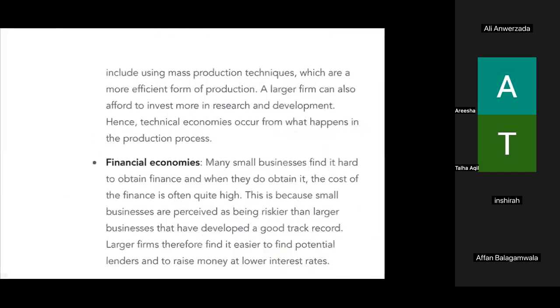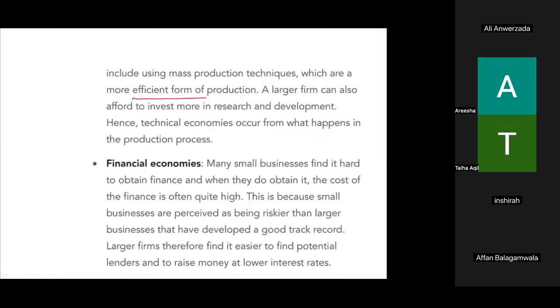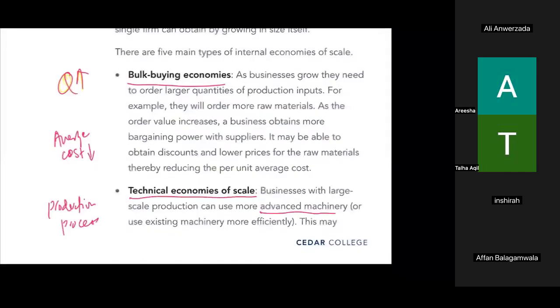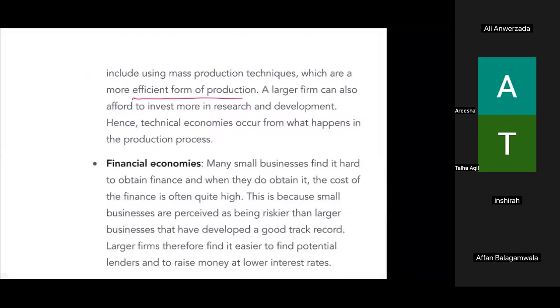All of these can result in more efficiency because now you are a larger player. A larger firm can also afford to do R&D. A larger firm can also afford to have better processes, and all of this comes together as technical economies of scale, which means advantages you get because now you are a large player and you can organize your factors of production or your production process much better.